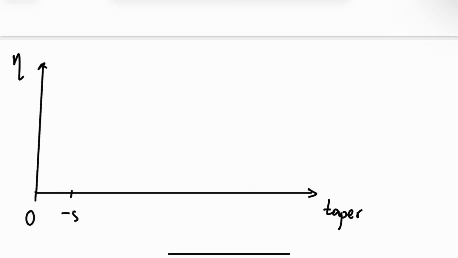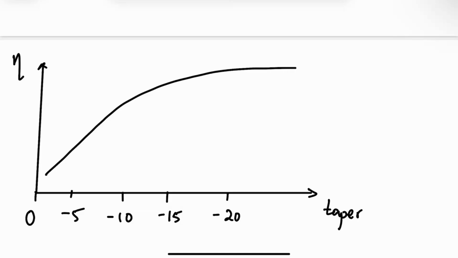And then -5, so this is -10, -15, -20, and so on. Then your spillover efficiency will do something like this. Eta spill. Right? Because when the taper is low, there's no spillover, so it reaches 1 asymptotically.